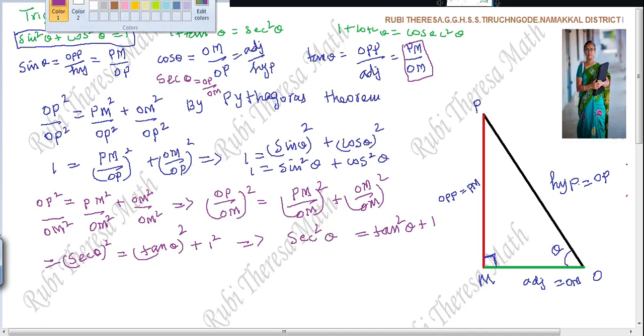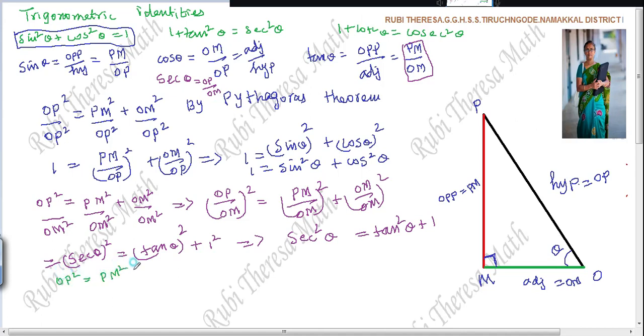Next one is 1 plus cot squared theta equal to cosecant squared theta. First you write the original: OP square is equal to PM square plus OM square.